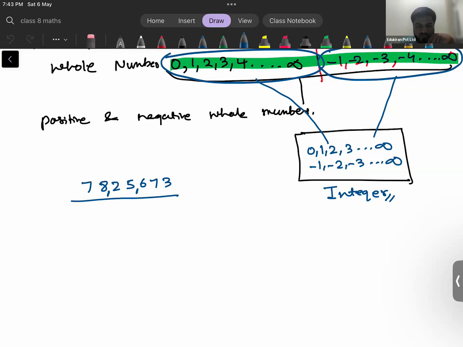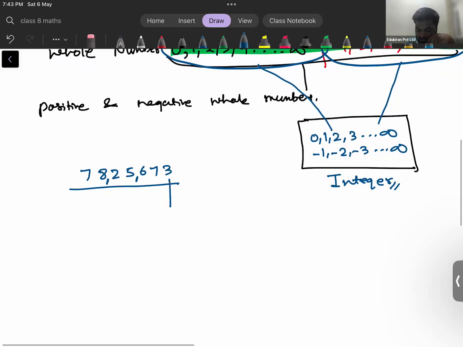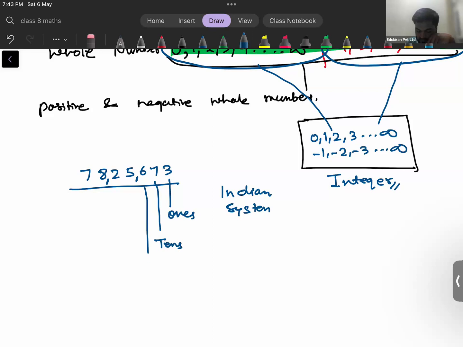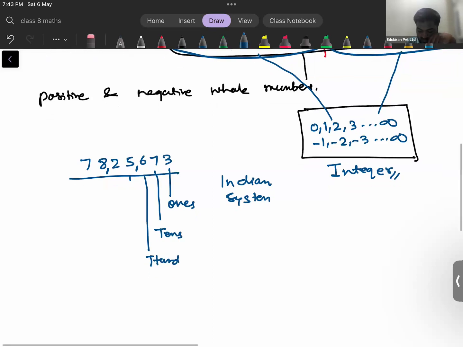7 crores with... No, that's not crore. If I talk about the Indian system first, in which 3 is standing at the ones position, 7 at the tens position, 6 is at the hundreds position.